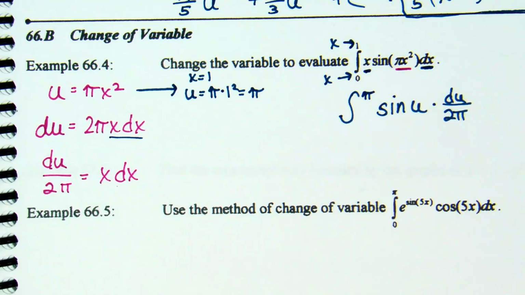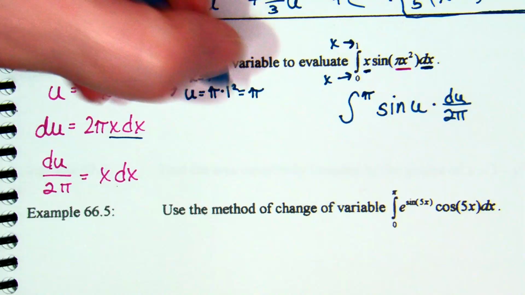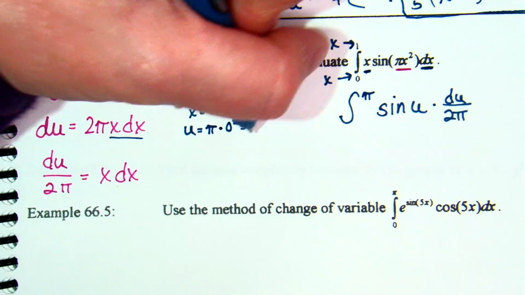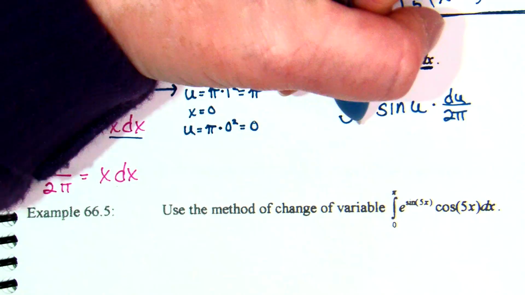And then my other boundary was x equals 0. So what do I do with that x equals 0? It's going to be pi times 0 squared, because it's u equals pi x squared. Pi times 0 squared is 0. So my bottom boundary went from 0 to 0.